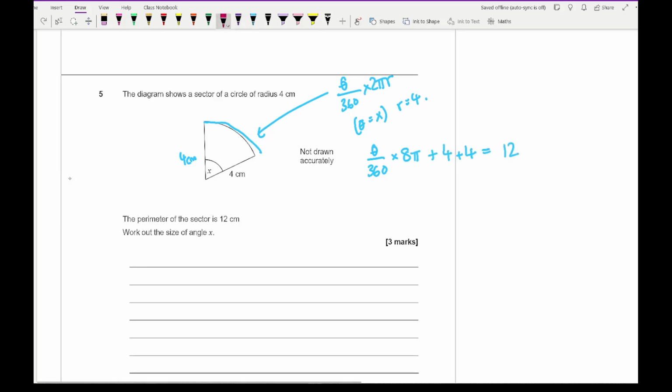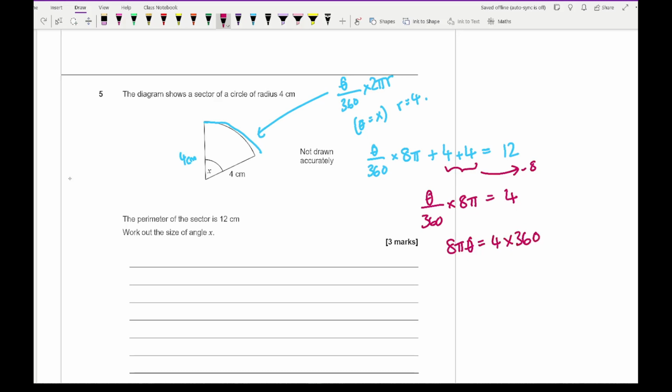So let's first of all get rid of the 4 plus 4, which is 8. Then I've got theta over 360 times 8 pi equals, I take away the 8, 4. Then I can get rid of the 360, so I've got 8 pi theta equals 4 times 360.